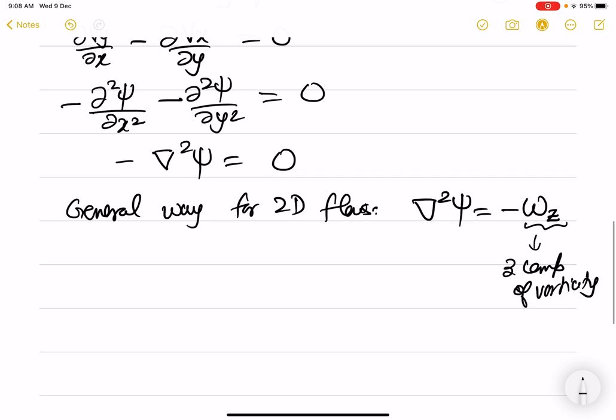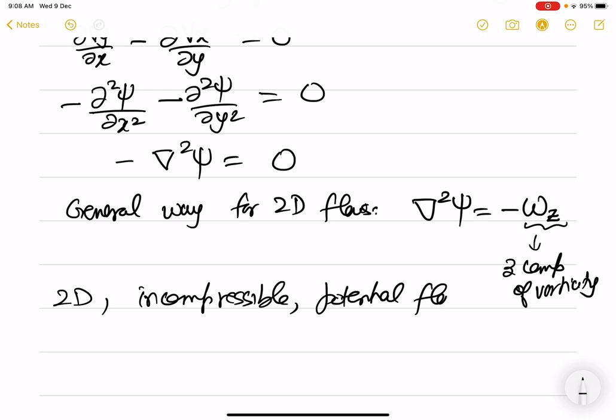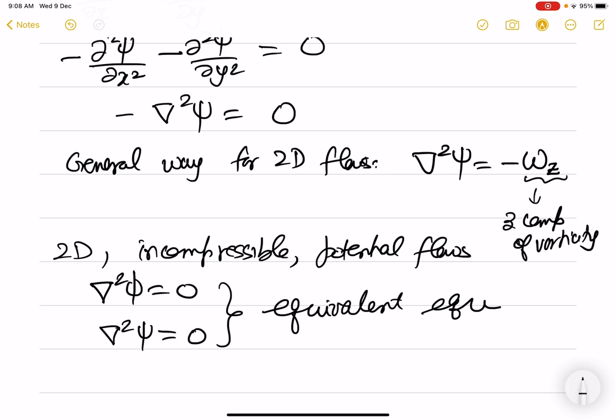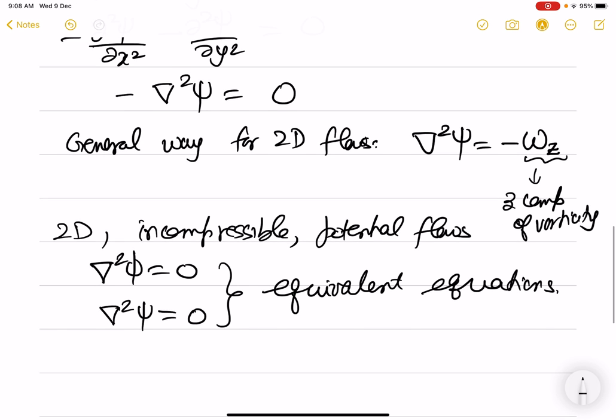So for 2D incompressible potential flows, the governing equations we have seen, del square phi is equal to 0 was already there, but we can also write it as del square psi is equal to 0. And these are equivalent equations. So we can either solve for phi or solve for psi.